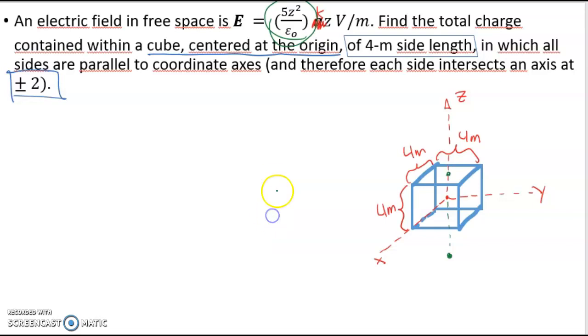We know that for Gauss's law, we need to see what's the total flux going perpendicular to every side of our geometry that we want to enclose the charge.